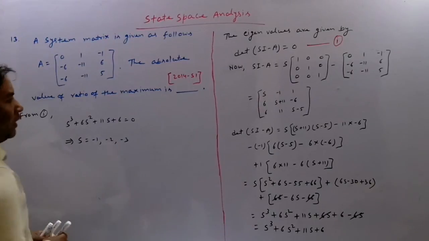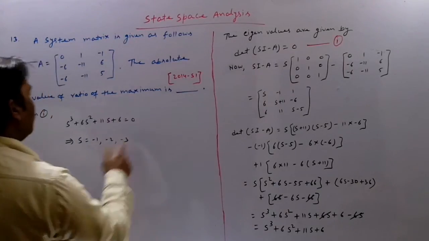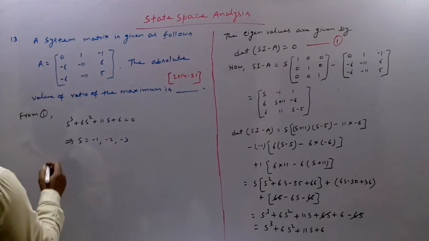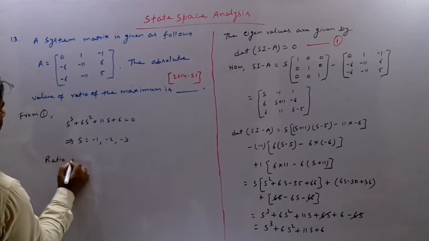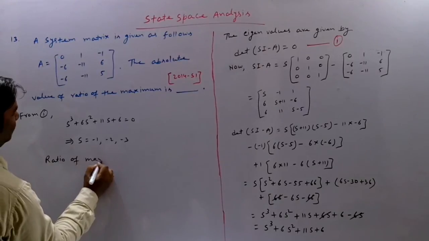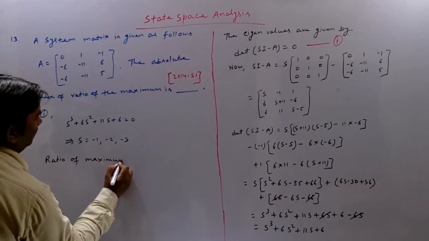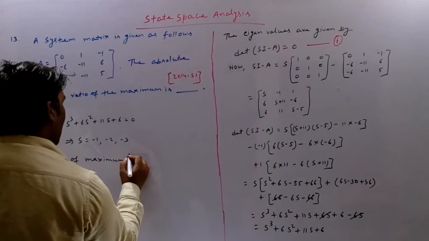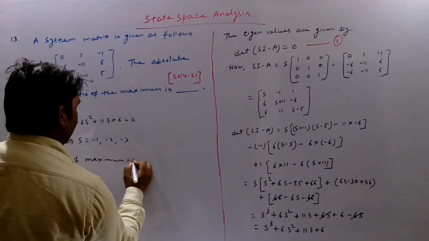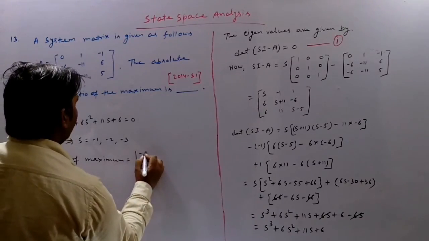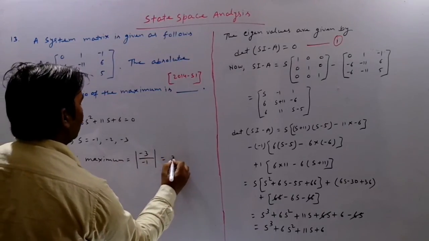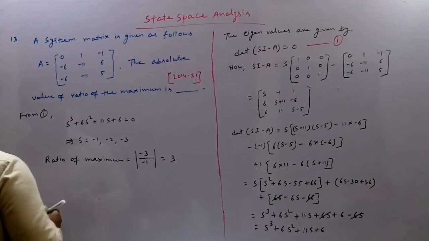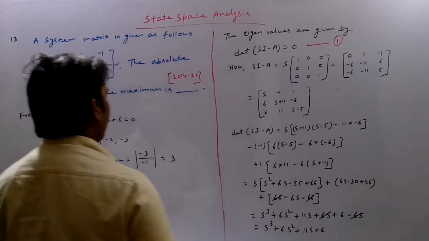So the maximum ratio of eigenvalues is equal to the magnitude of minus 3 by minus 1. So it will be nothing but 3. So now we have to write the ratio as 3.